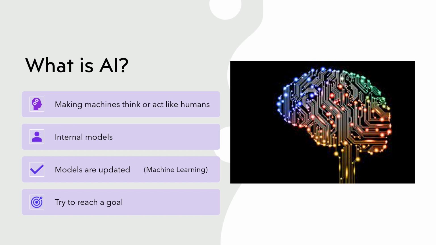So the way these AI agents do this is by having internal models. Now, these internal models have functions, so it's an internal function that maps input to output, essentially.